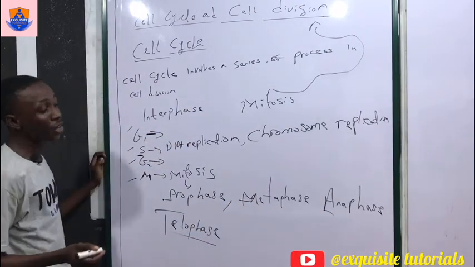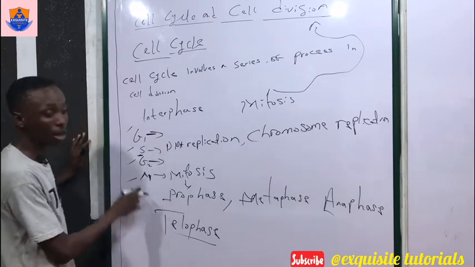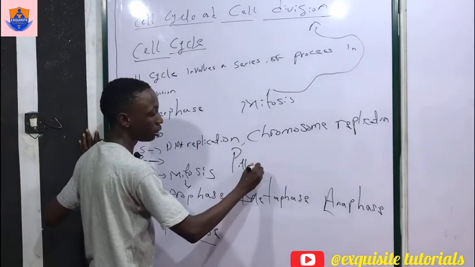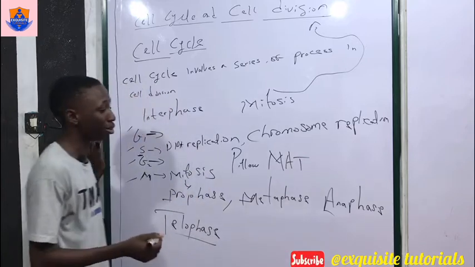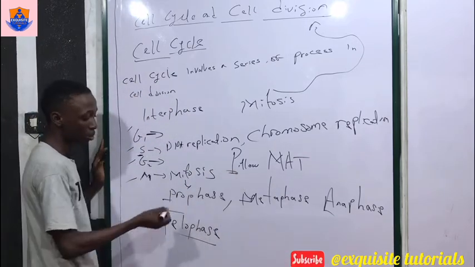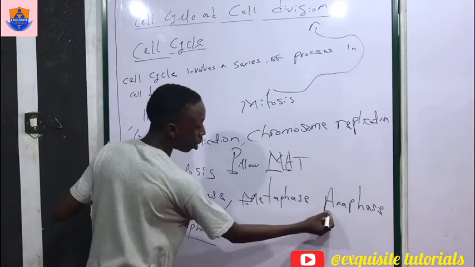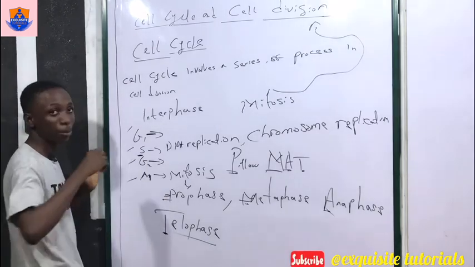Telophase. A very popular acronym which you can use to remember these stages is PMAT. P stands for prophase, M stands for metaphase, A stands for anaphase, and then T stands for what? Telophase. It's a very popular acronym.